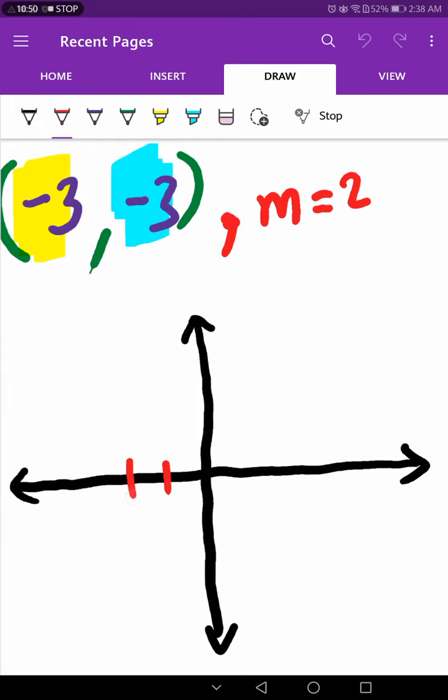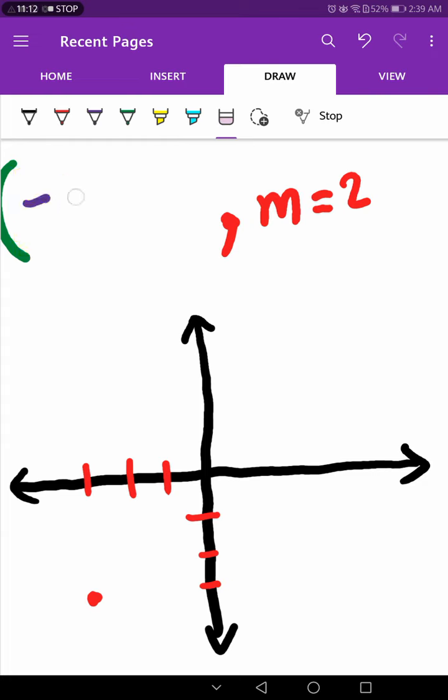Negative 3, that means move to the left or right. This is left, so here negative 3, and go up 1 2 3, so the point exactly is here. This is negative 3 and 3. Now I'm done with this.